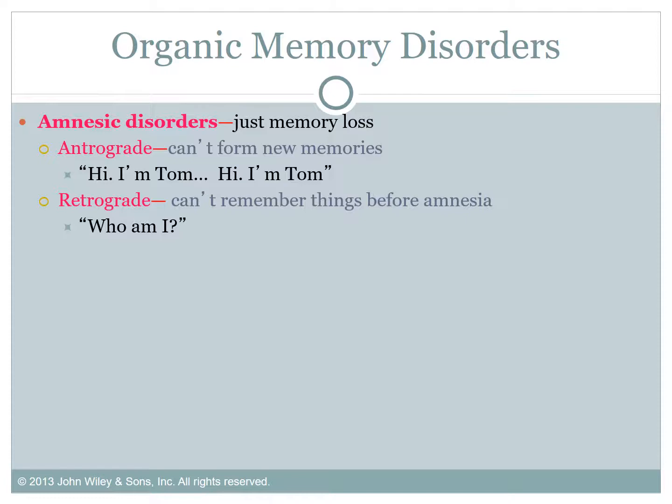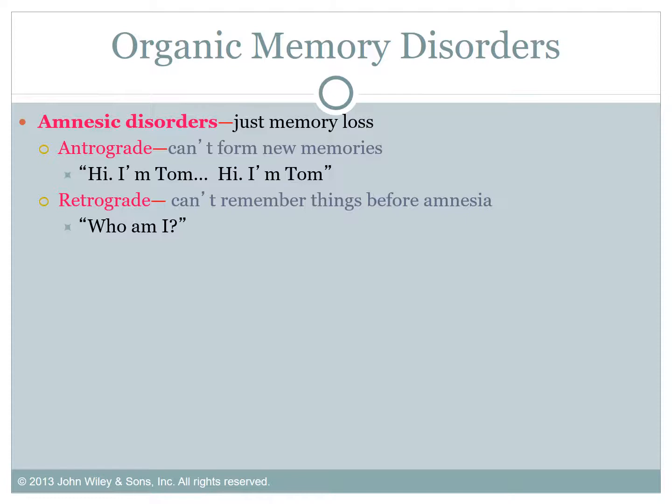That's what we refer to as retrograde amnesia, but they do remember everything that happens after the amnesiac event, so they have no trouble coding new memories. It's the old memories that they can no longer retrieve. This is actually a lot less common and requires very specific brain damage.